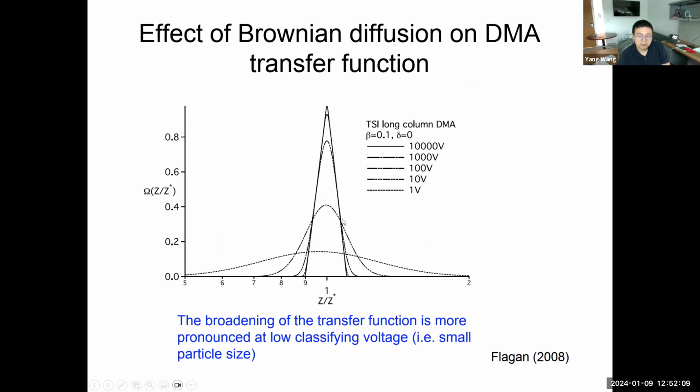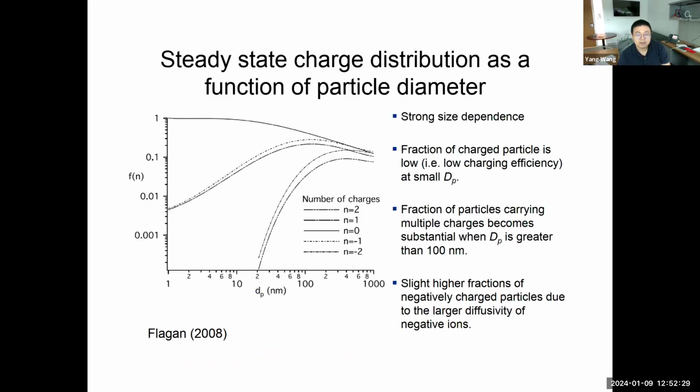So you can see when the DMA voltage is corresponding to 1 volt, which is probably close to 1 nanometer of the particles, then the transfer function looks really flat. This is because 1 nanometer particles diffuse much faster compared to when you're classifying particles with 10,000 volts. They're very large, right?